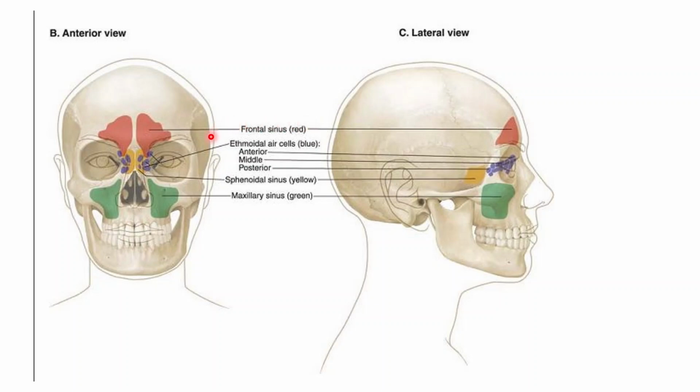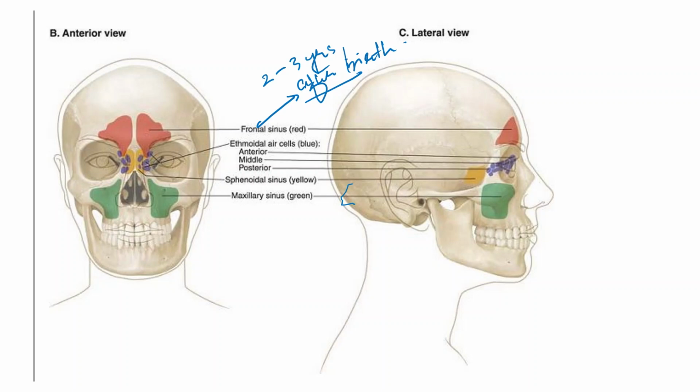The frontal air sinus begins to develop around 2 to 3 years after the birth of the infant. This is the exception, whereas all the rest of the sinuses are seen in their rudimentary form at the time of birth.